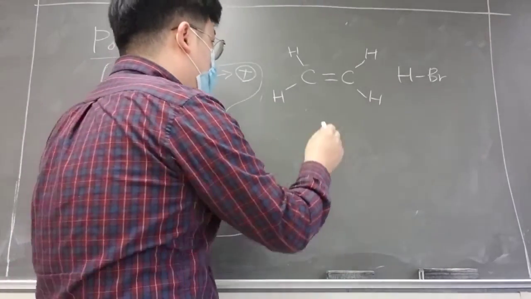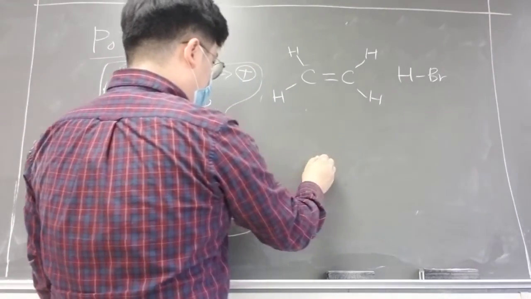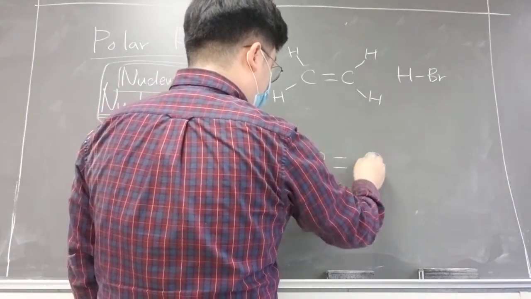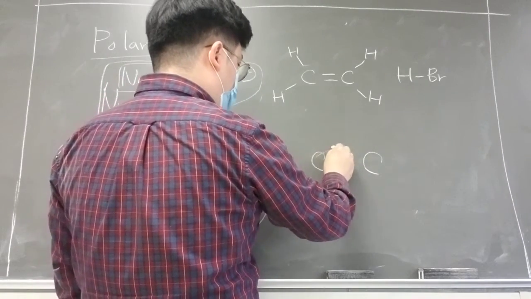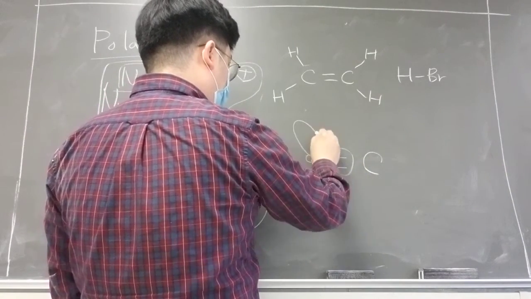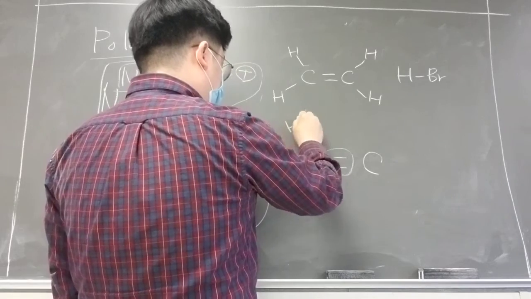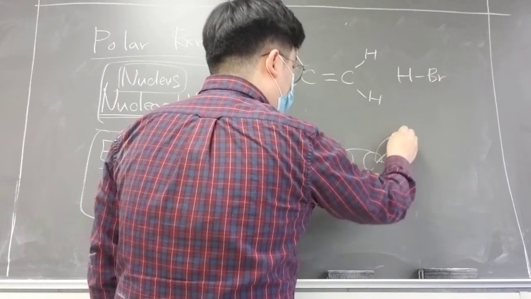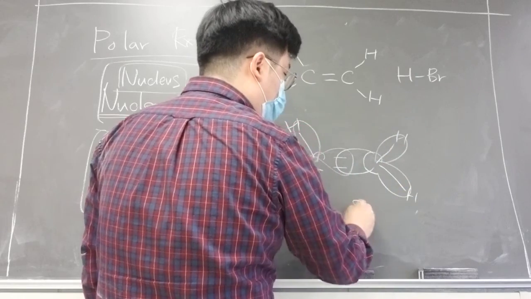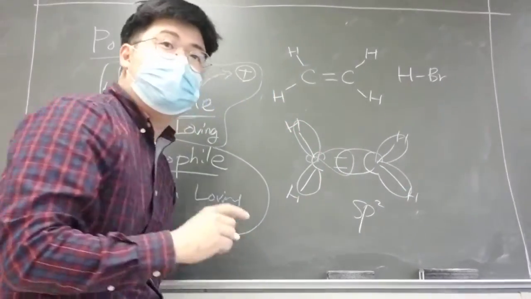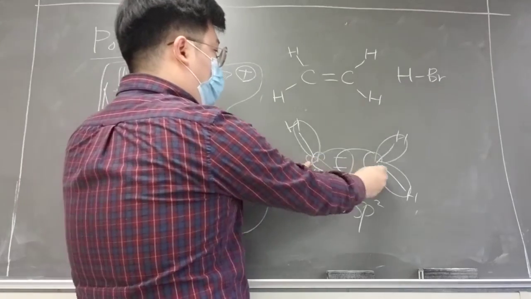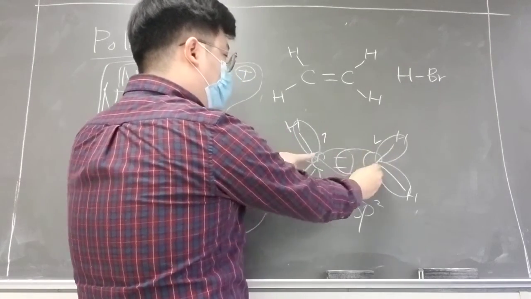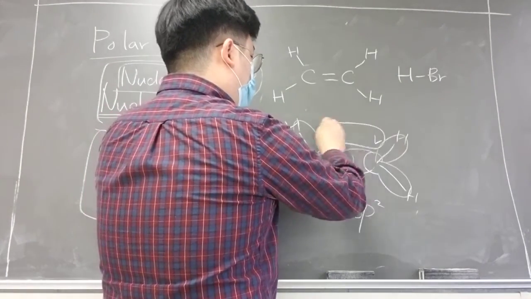Perfect. So let me draw this one real quick. This is a double bond here, as we saw in your exam 2. This will be sp2, because they're going to keep one p orbital on each carbon here as pi bonds.